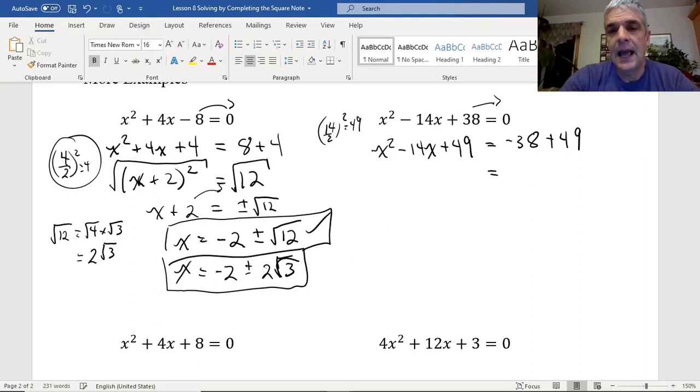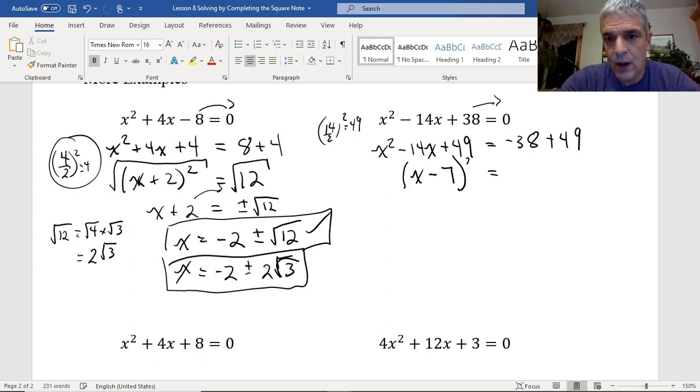And at this point, I can now go about doing my math and adding on this side and factoring this into its perfect square. And this time we have a minus in the middle, so this is going to be x minus 7 squared.